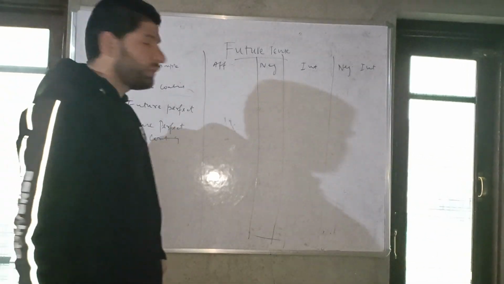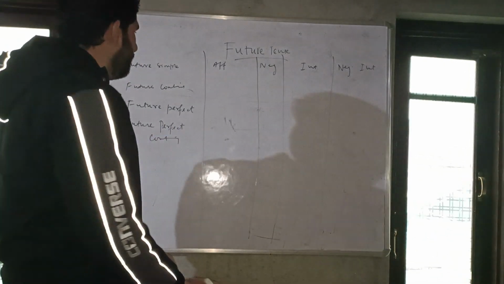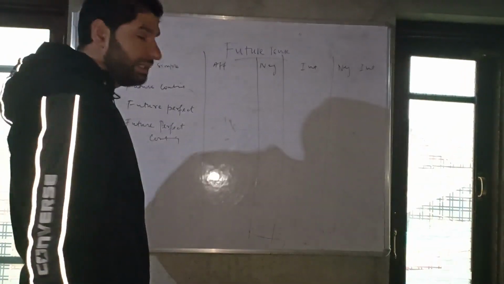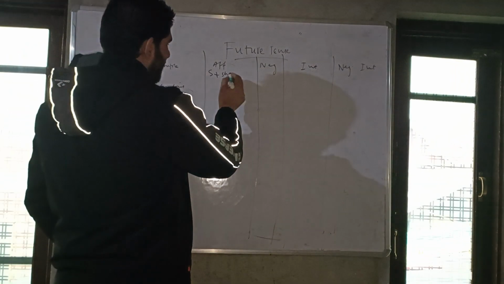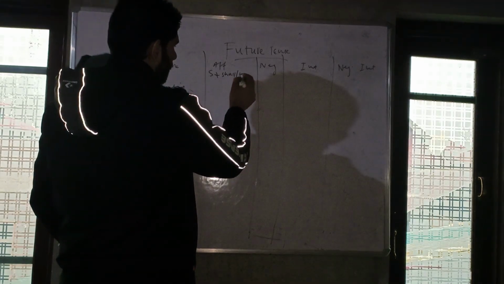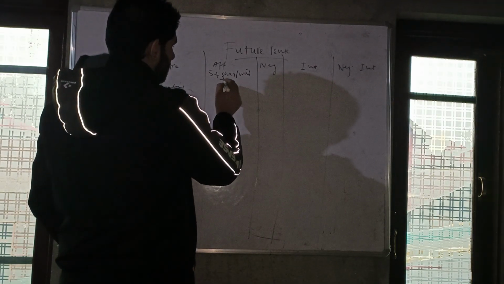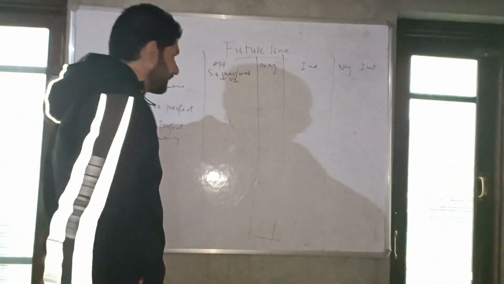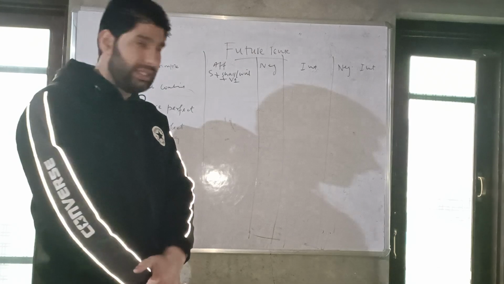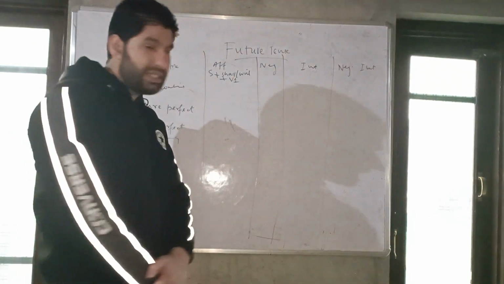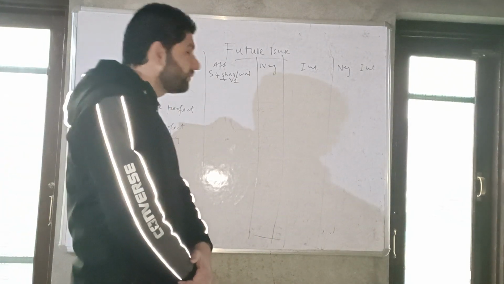See, what do we do in future simple? The structure is S plus shall or will plus V1. Now let us try to understand where we use shall and where we use will. Shall is used with two types of things.